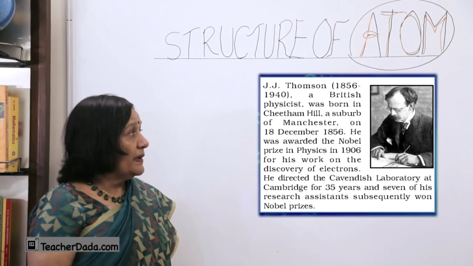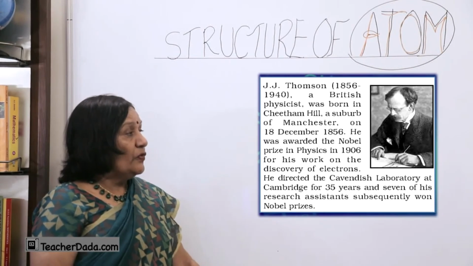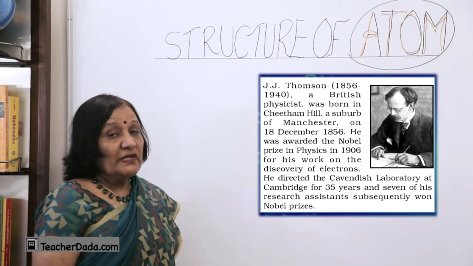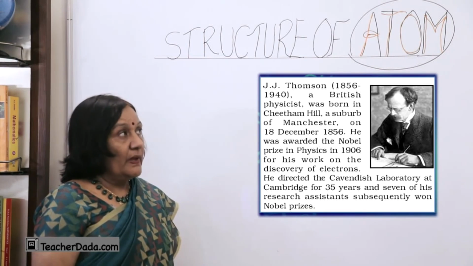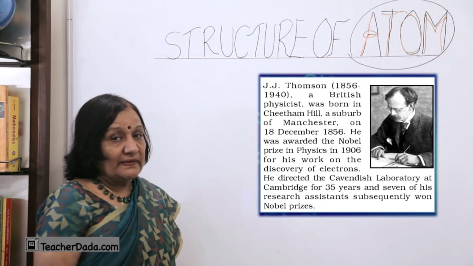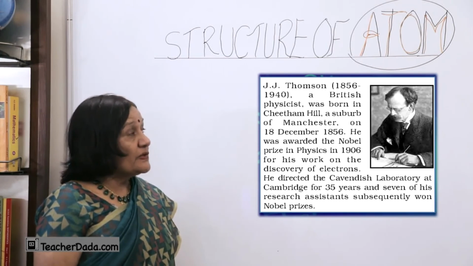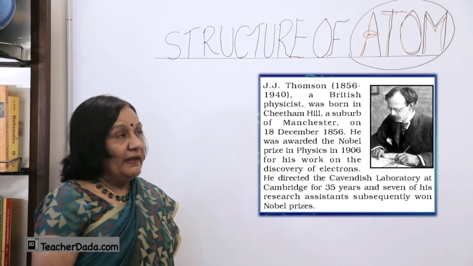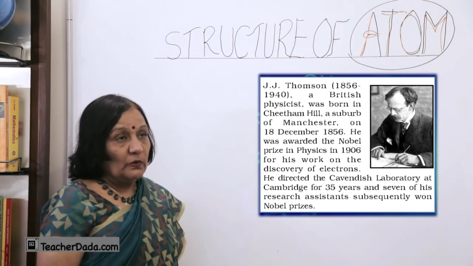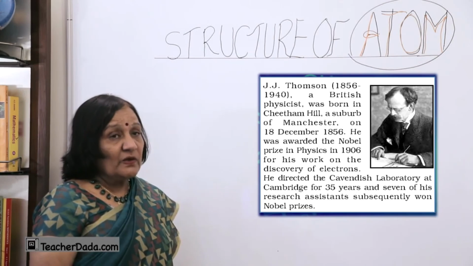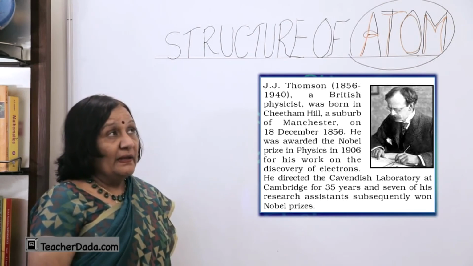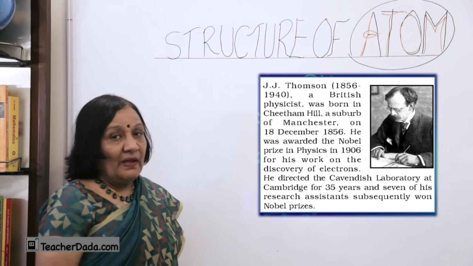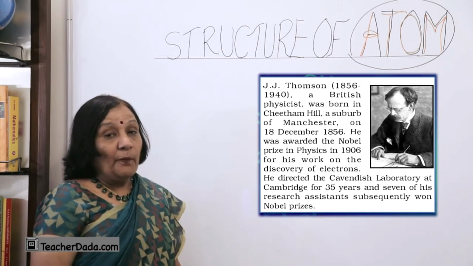Now you can see the slides in which you can see the photograph of Sir J.J. Thomson, and he was a great scientist, and you can go through what is written here, that he had many research scholars also. You know what is the meaning of research scholars? It means the students who are working under his guidance on the same topic.